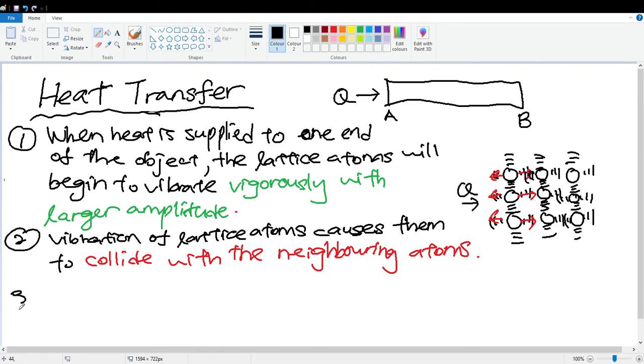For the third statement, when the collision occurs, I can conclude that the heat energy is being transferred from here to here.